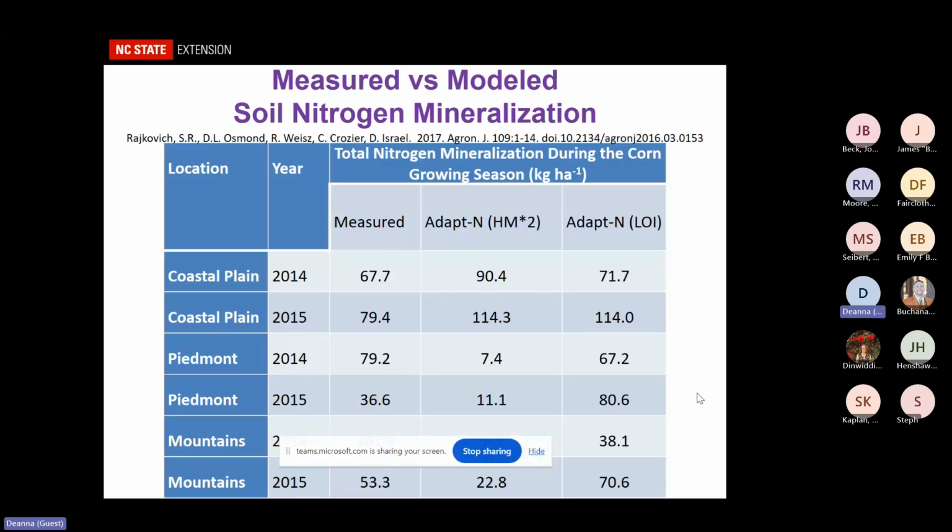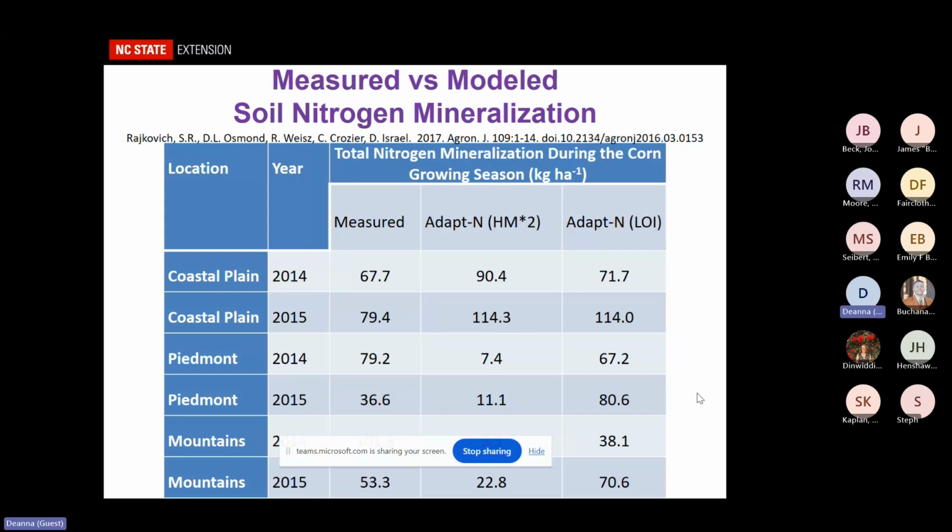These are some data from an experiment that a graduate student of mine did. It has coastal plain data, it has Piedmont data, it has mountains data. We ran the experiment 2 different years, and we measured the amount of what we call apparent nitrogen. That's the amount of nitrogen that's taken up by the corn when you don't apply any nitrogen.